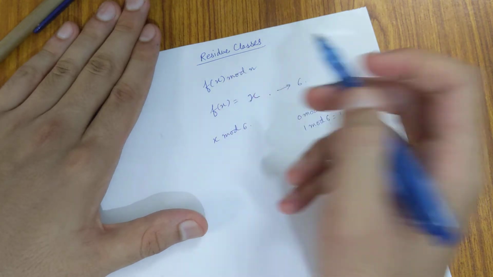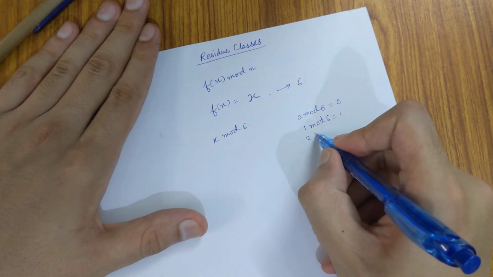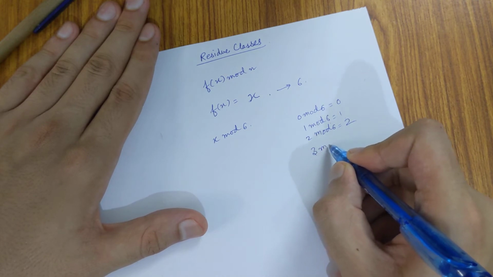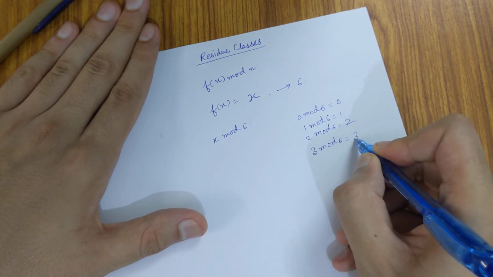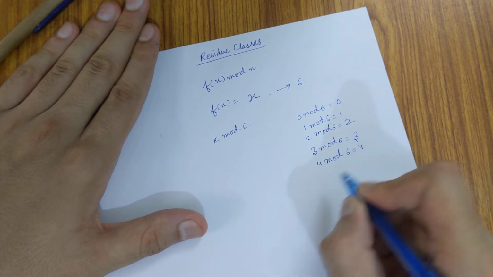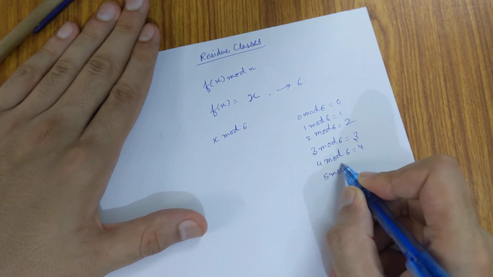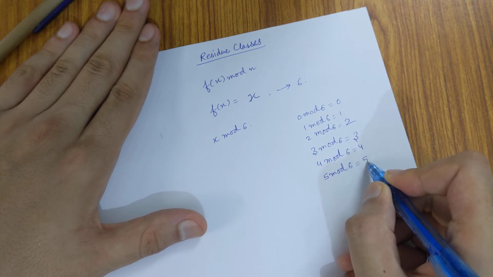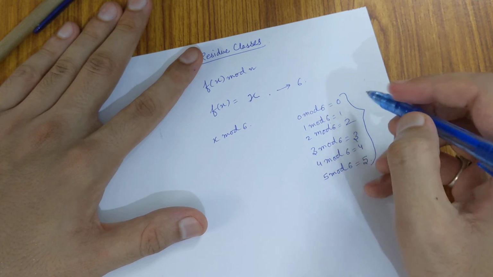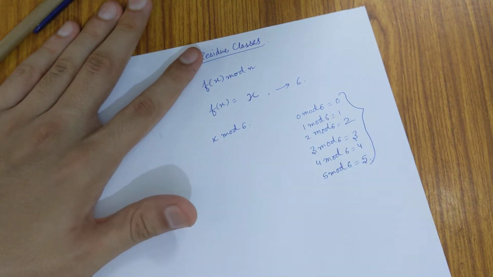So that is why it's named residue class. Similarly, 2 divided by 6, the residue is 2. 3 divided by 6, the residue is 3. 4 divided by 6, residue is 4. 5 divided by 6, the residue is 5. So these are our residue classes.